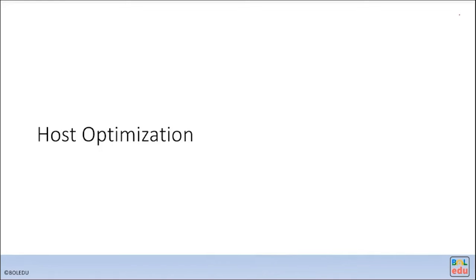Last, I will talk about host optimization. Remember, in this course the topic is application acceleration. A lot of students simply focus on HLS optimization and do not look at the larger scope at the application level.